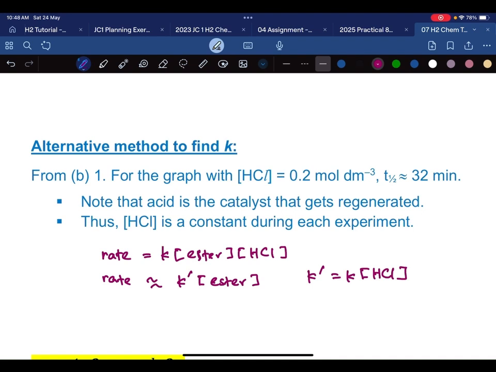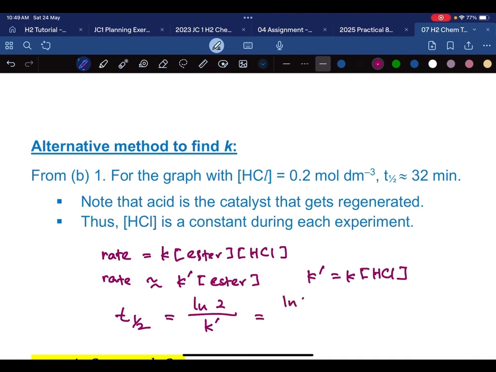So remember, the simplified equation is a pseudo first order rate equation, right? So we can look at there is a T half that we can obtain from the graph. Your graph actually shows this pseudo first order relationship. So T half is ln 2 over K. Now note that the K here is my K prime, as in the simplified pseudo first order rate equation.